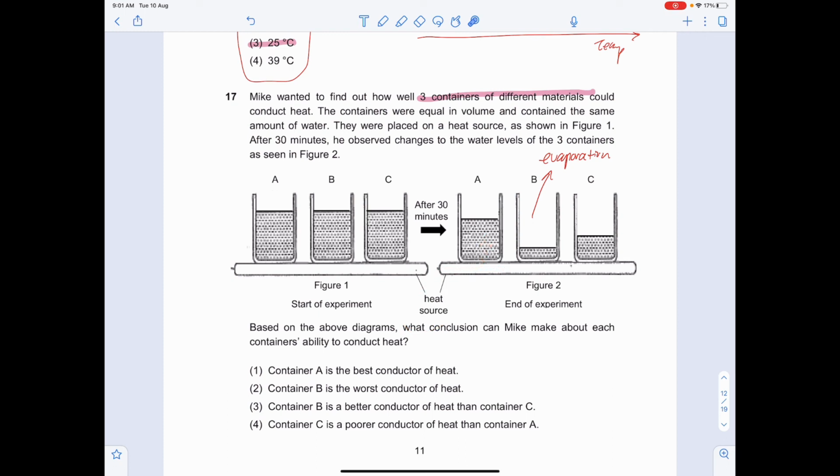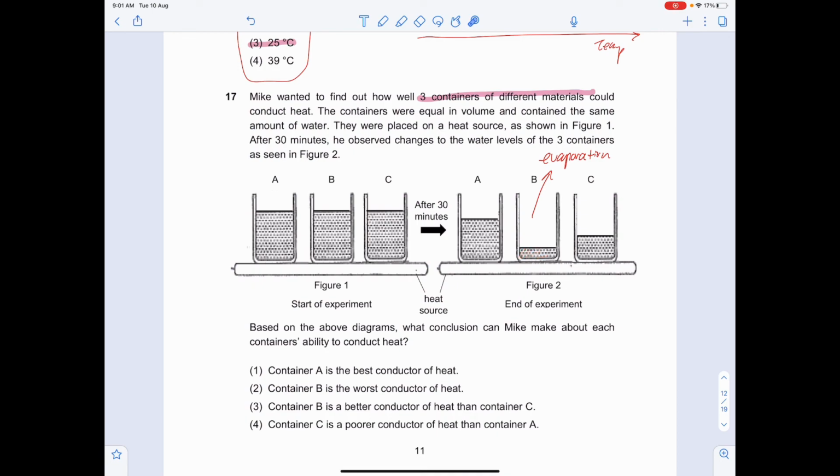So basically, the better the container is, the better the conductor of heat the material is, then the faster the heat will actually be conducted to the water, enabling it to evaporate at a faster rate. So right off the top, I already know that B is the best material because it has the least amount of water left.